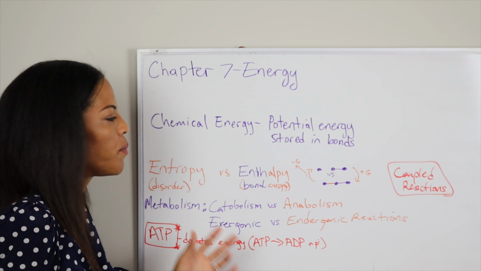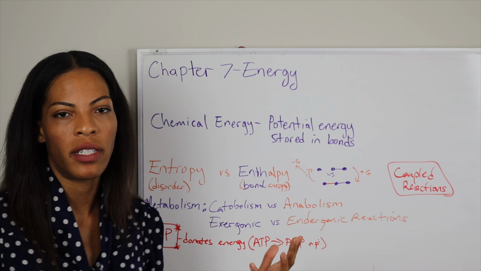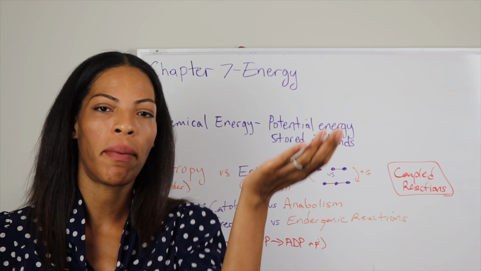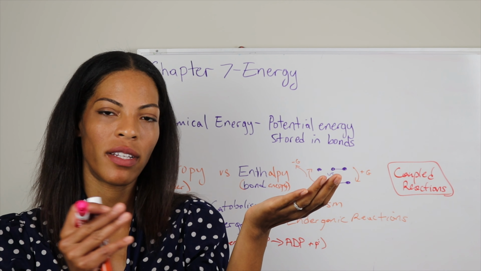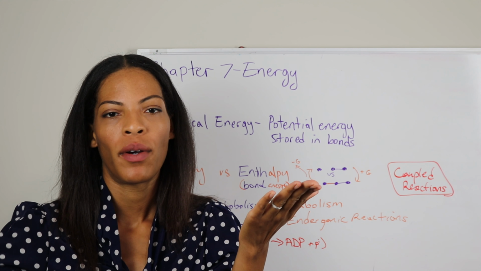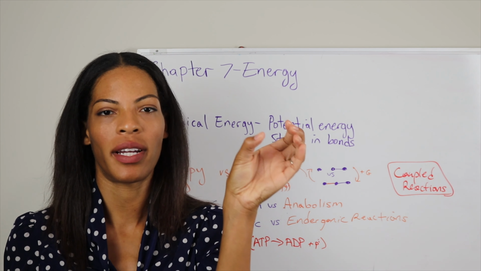All right, so enthalpy and entropy have an inverse relationship with each other, where if you have high enthalpy or high bond energy, lots of bonds to break, you're going to have low entropy or low disorder, meaning that your bonds are together and they're organized.